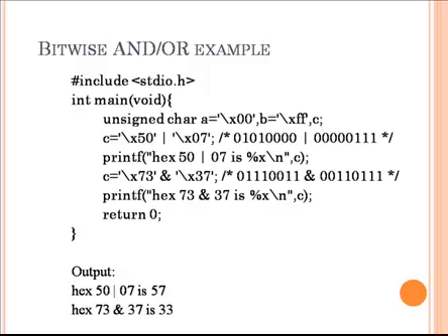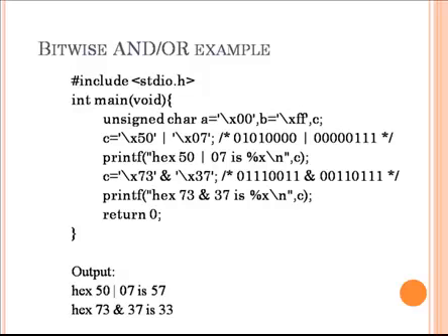The corresponding binary representation of 73 is 0111 for 7 and 0011 for 3. The corresponding binary representation for 37 is 0011 for 3 and 0111 for 7.